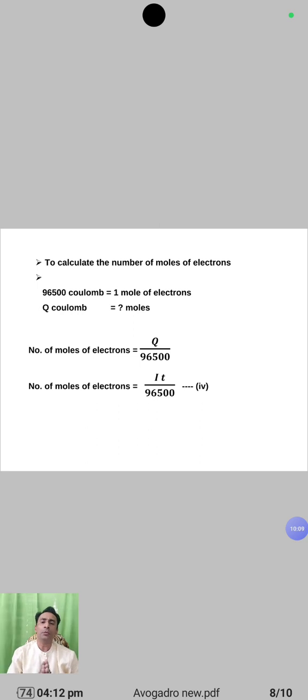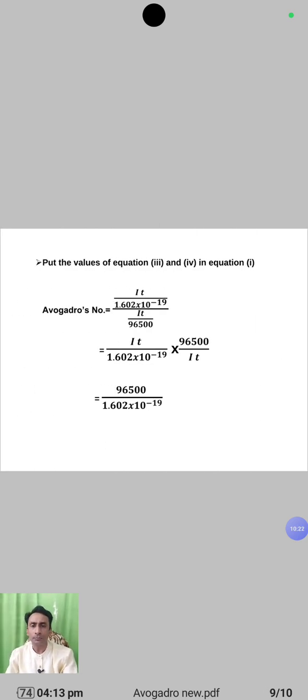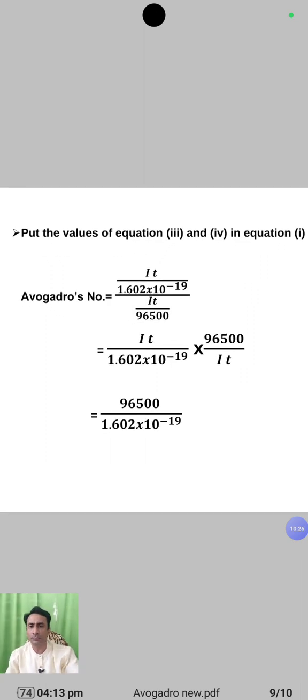So now we have got two equations: one is the number of electrons, and another is the number of moles of electrons. Now substitute the values of equation third and fourth in equation first. Our equation first was the number of electrons upon the number of moles of electrons.